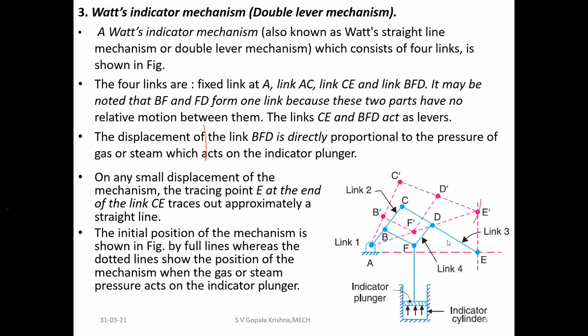That means it is translating from E to E dash and C to C dash. So the total frame is translated from one position to another. And in this, the link, where is the link?